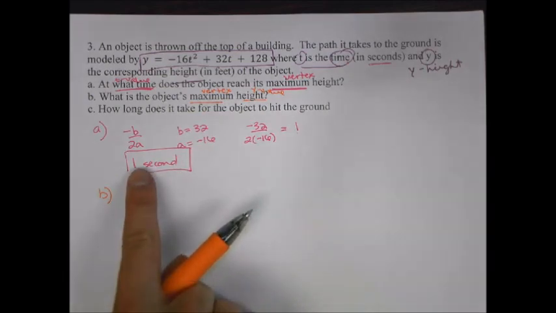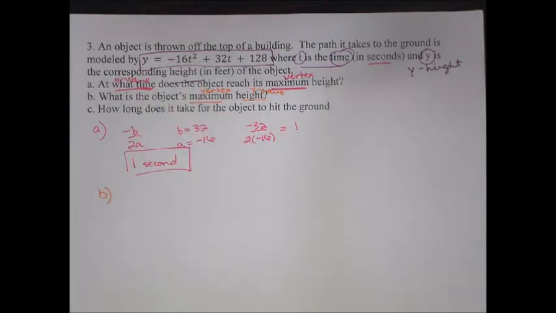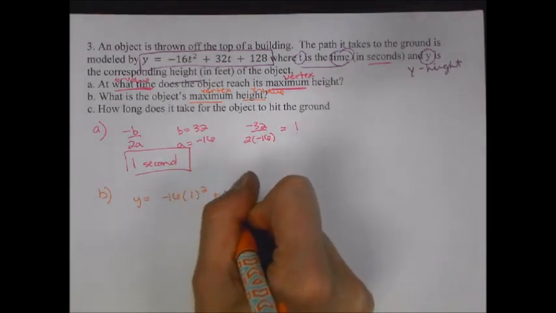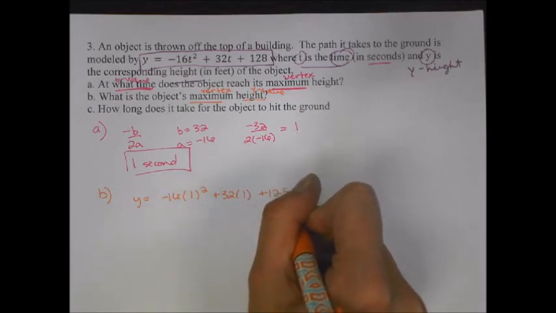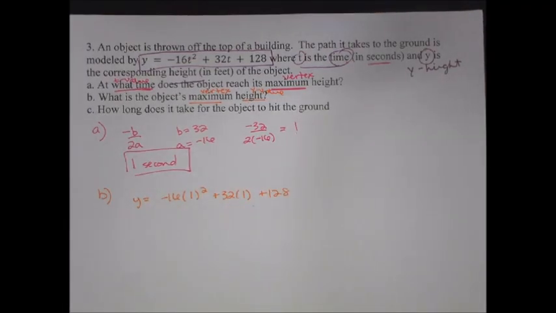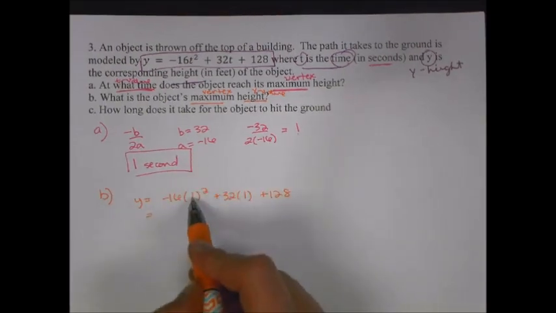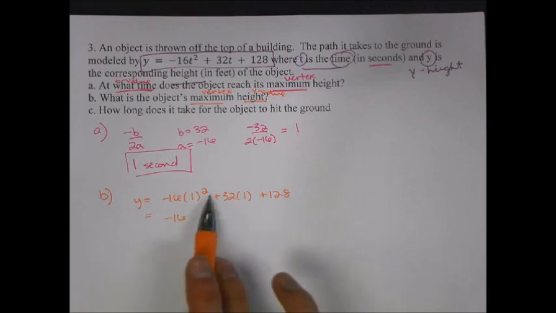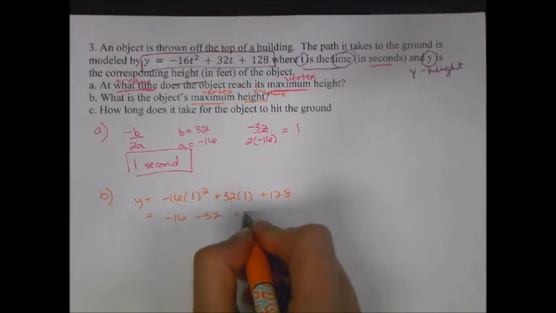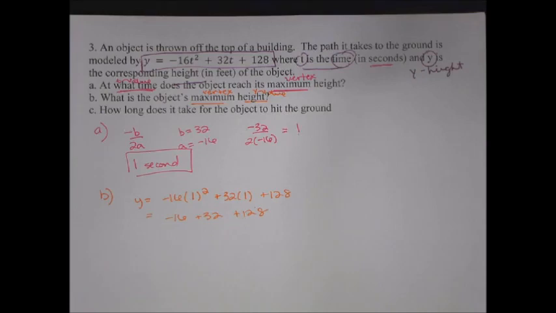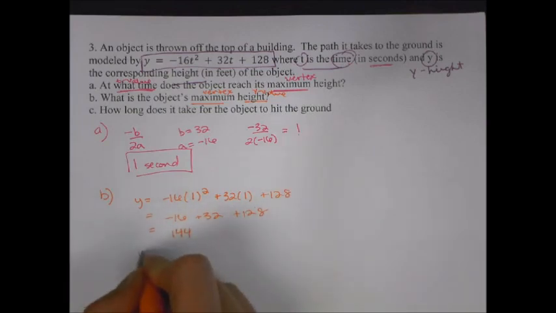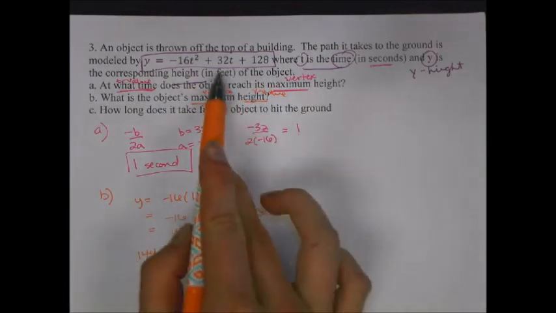Well, our t value is 1, so we're going to take 1 and plug it in. Order of operations, exponents first. 1 squared is 1. 1 times negative 16 is negative 16. We get a positive 32, a positive 128. I get 144. So my answer is 144. My units are feet.